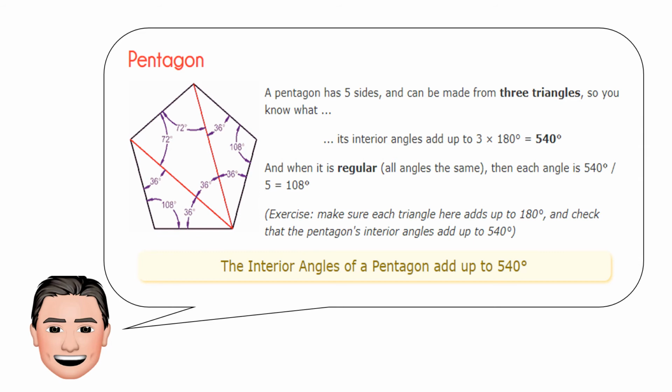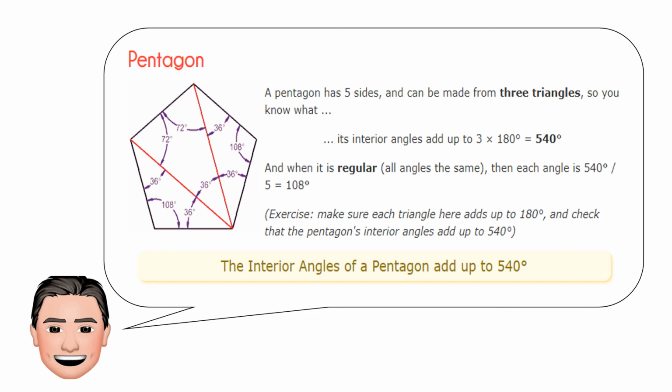Pentagon. A pentagon has 5 sides, and can be made from 3 triangles, so its interior angles add up to 3 times 180 degrees equals 540 degrees. And when it is regular, all angles the same, then each angle is 540 degrees divided by 5 equals 108 degrees.